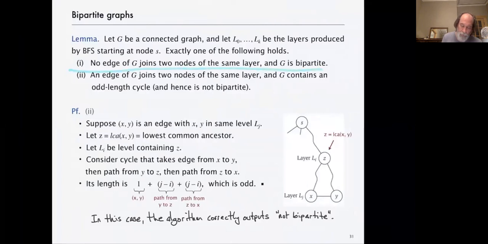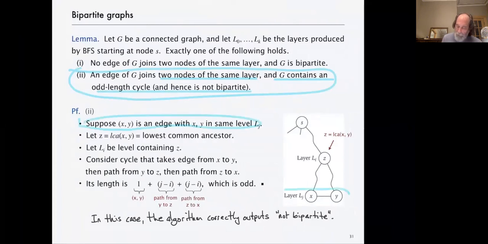In the other case, we want to show that if there are two nodes in the same layer with an edge between them, G contains an odd-length cycle, and so it's not bipartite. Suppose there's such an edge, let's say this one, between X and Y. Then find the lowest common ancestor in the BFS tree. Start from X and Y and head back towards the root until you find a common ancestor.